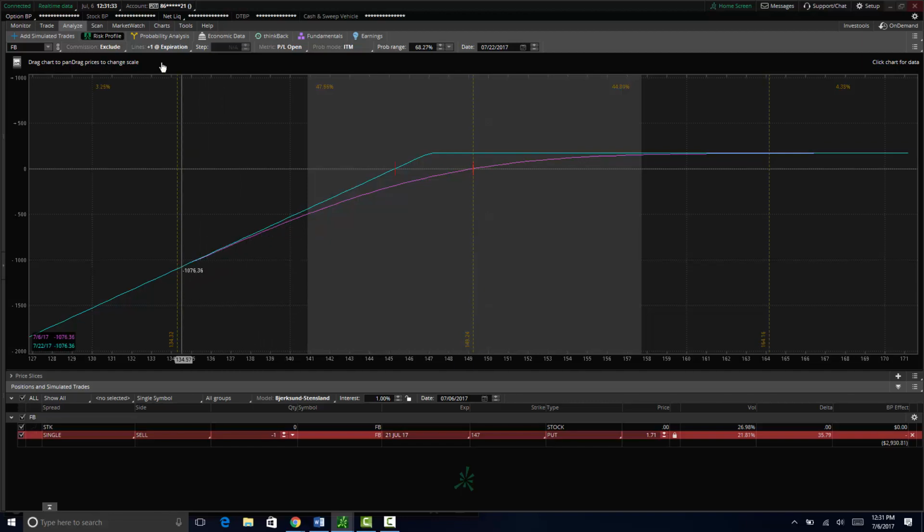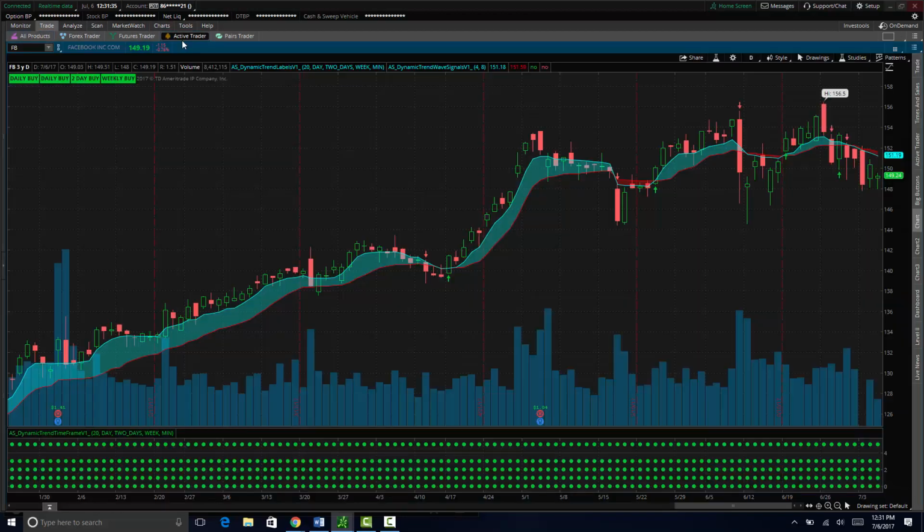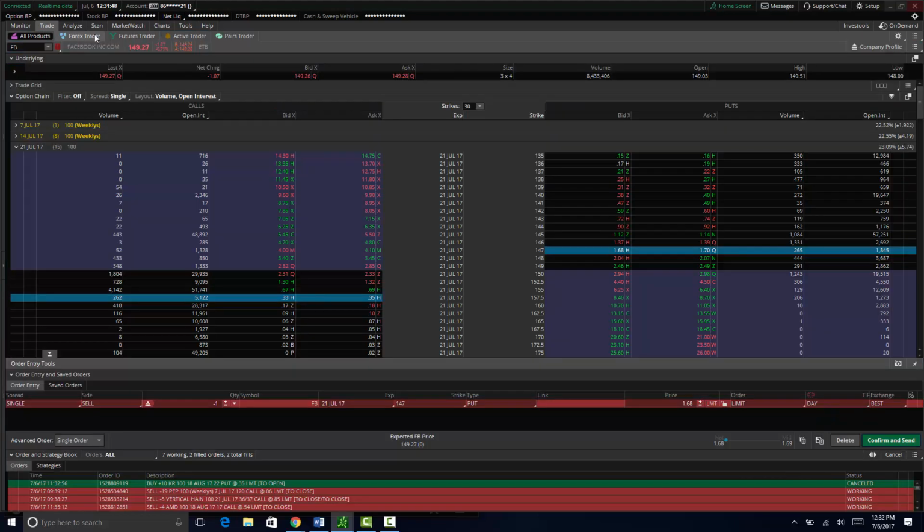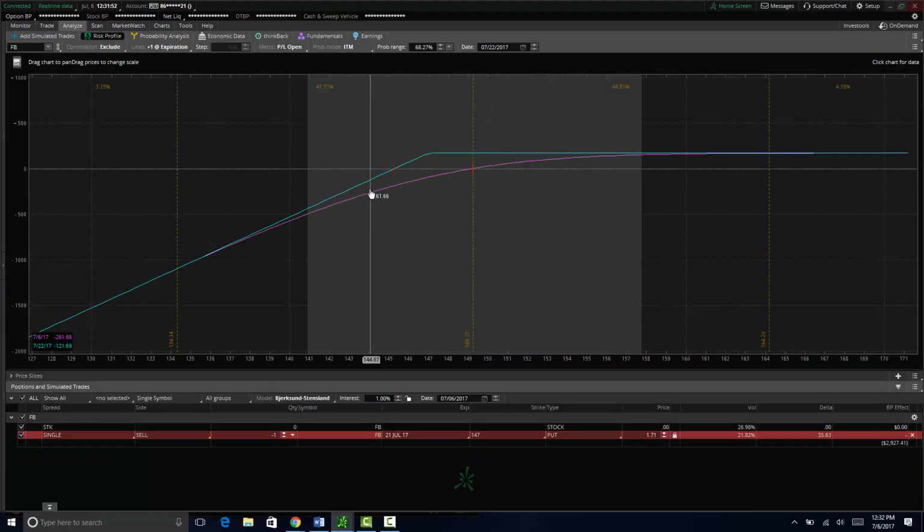If I look at the chart, 147 is not that far away. If it starts trading lower, let's say it takes out 144, I'm in big trouble on that trade. So I don't want to do what we call selling a naked option.